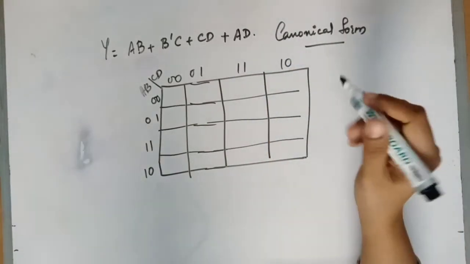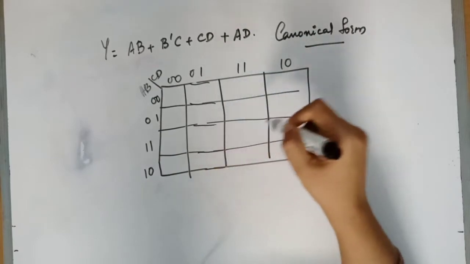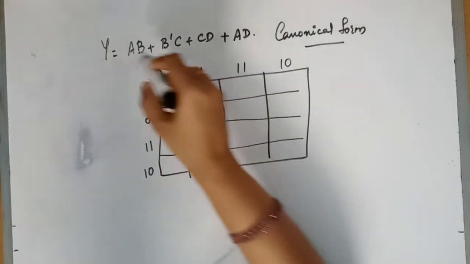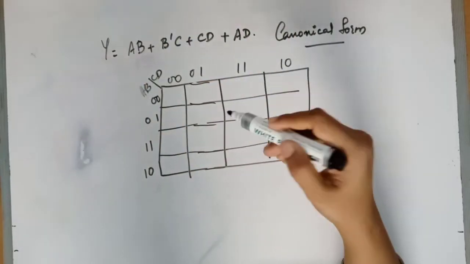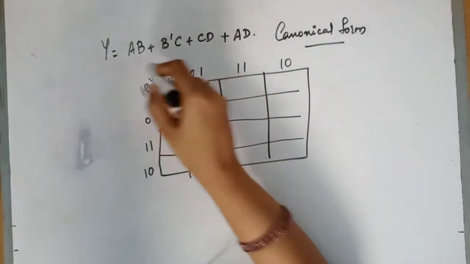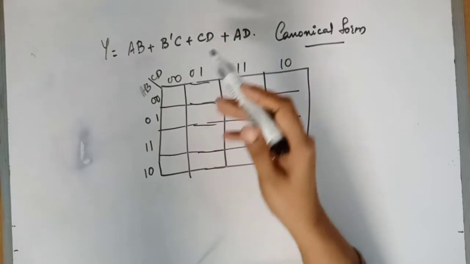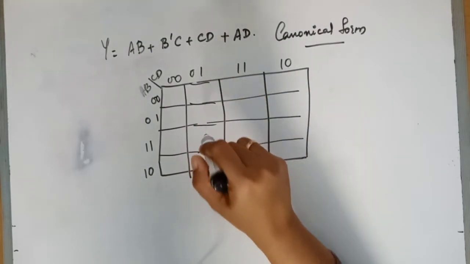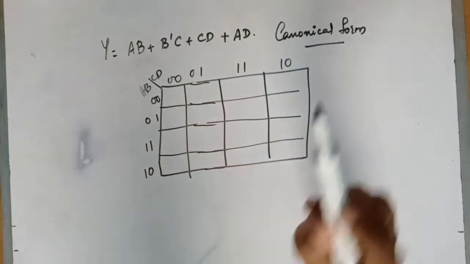Now, usually after putting the ones in the K-map and grouping them, you can write the expression. Now we are going to do the reverse. The expression is given to us, and we have to mark it in this K-map.